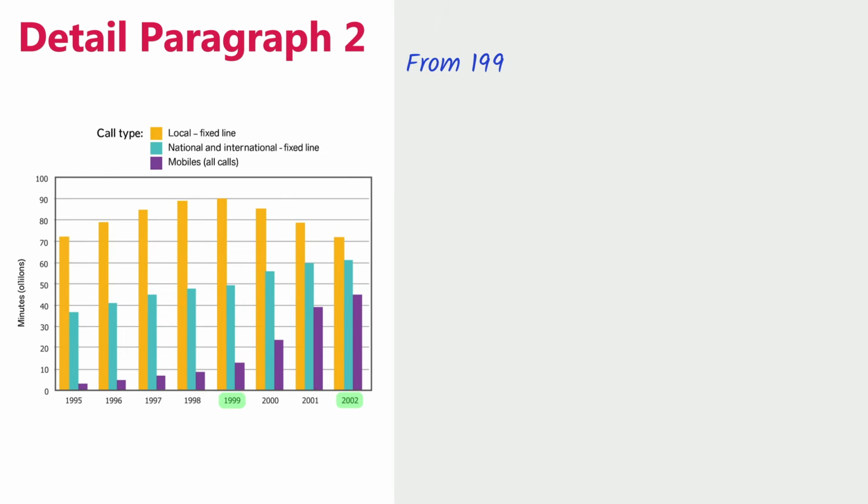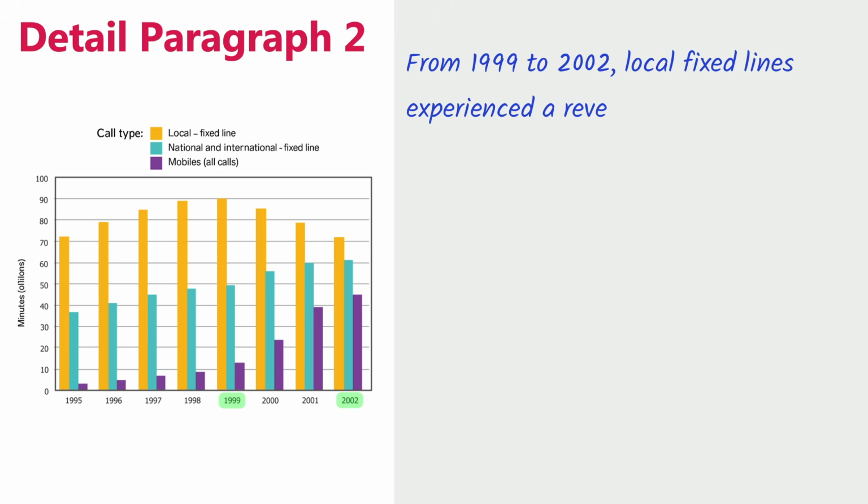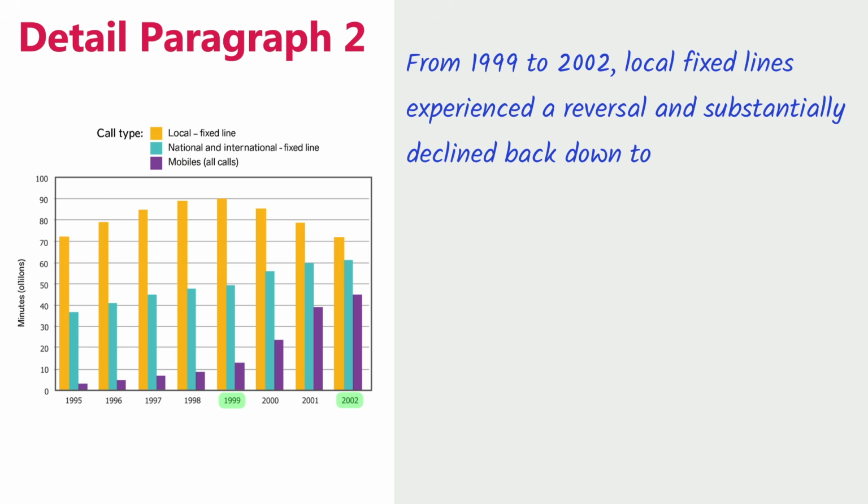From 1999 to 2002, local fixed lines experienced a reversal, because in the previous paragraph I talked about the increase in local fixed lines. Now here it decreased, so I can write reversal. Experienced a reversal and substantially declined back down to about 72 billion minutes.